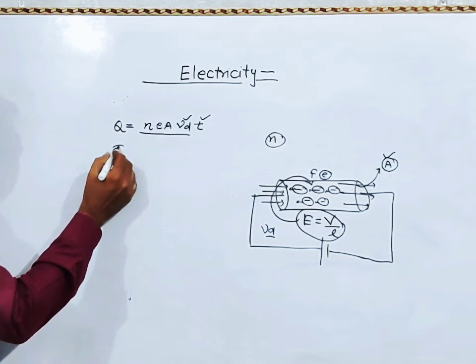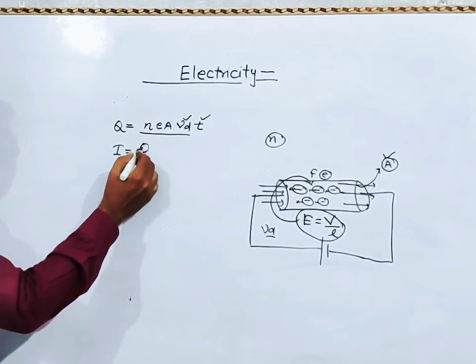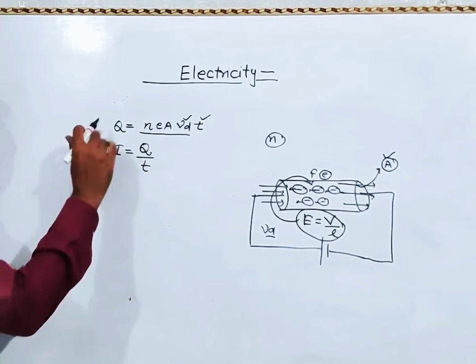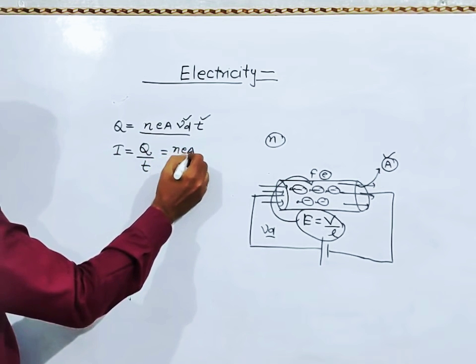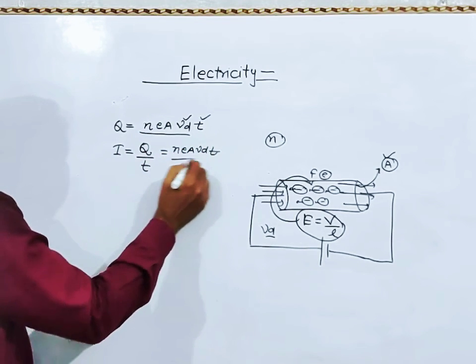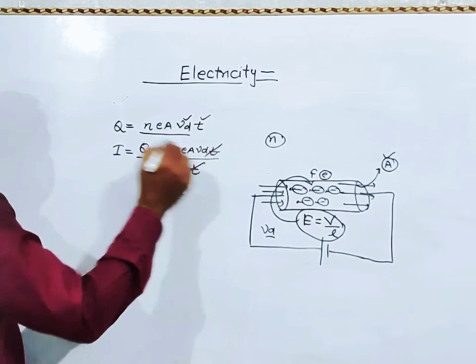Now what is the current? Electric current is defined as the rate of flow of charge. We just have to place the value of Q, that is calculated, nAeVdt upon t. So the t term will cancel out.